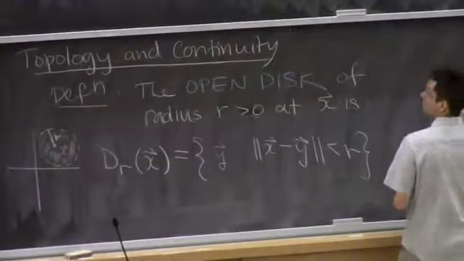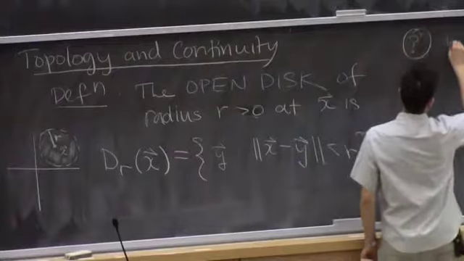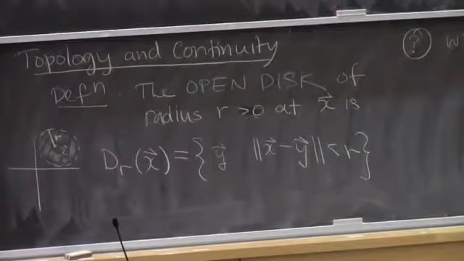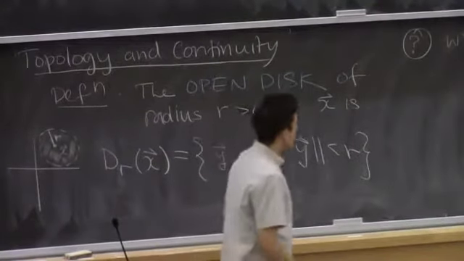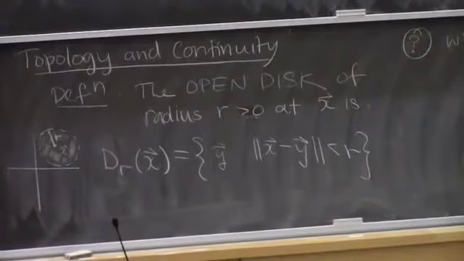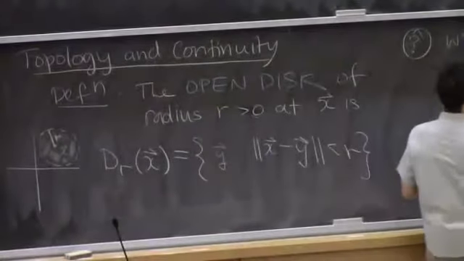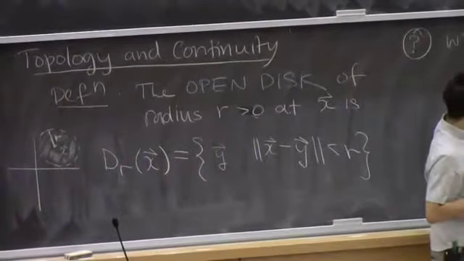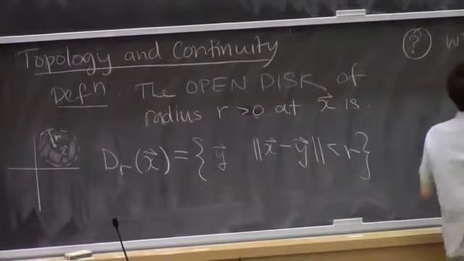Very good. Okay, what is this guy just in the real numbers? In the real numbers, we're going to have some value c. We're allowed to go down to c minus r and up to c plus r.